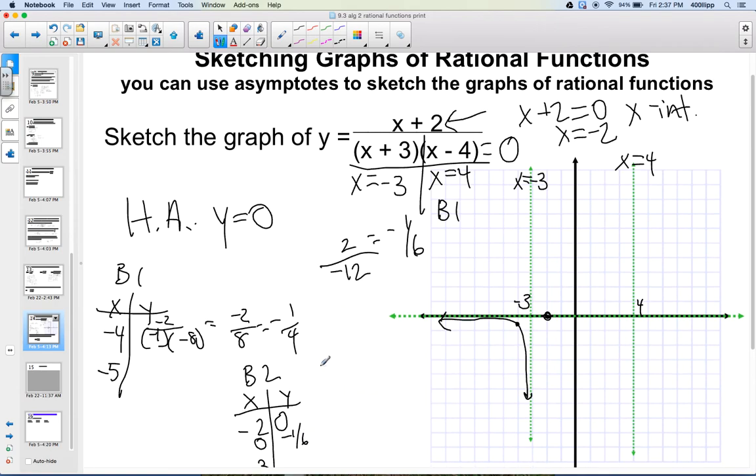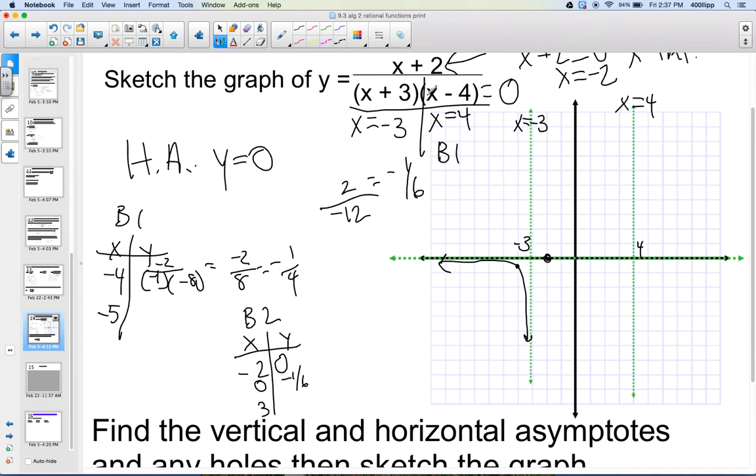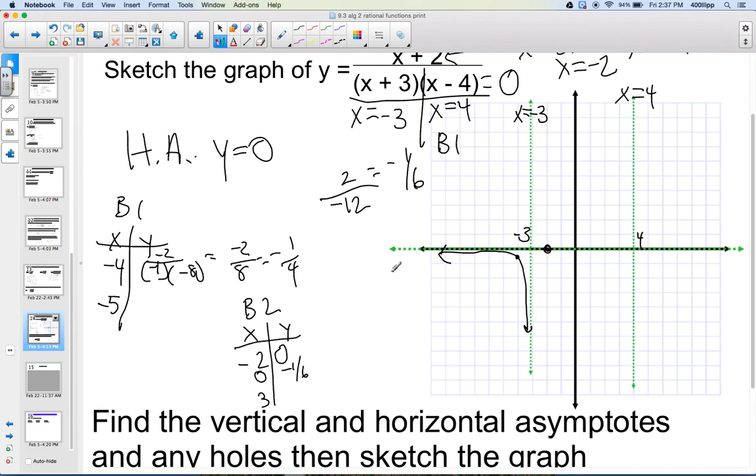When I plug in 3, I get 3 plus 2 is 5, over 3 plus 3 is 6 times -1. So this is 5 over -6, or -5/6. And then we can sketch that. So this will be 0, -1/6.